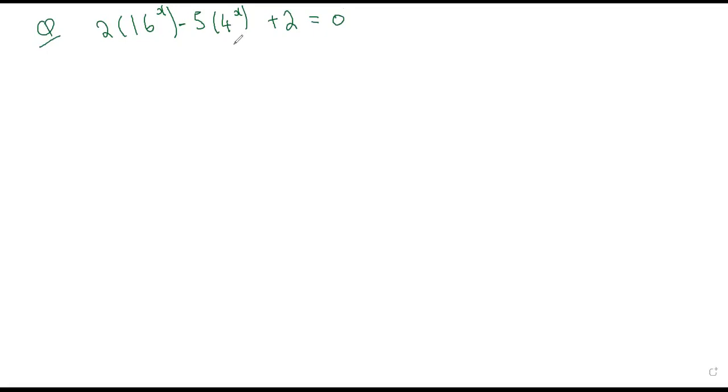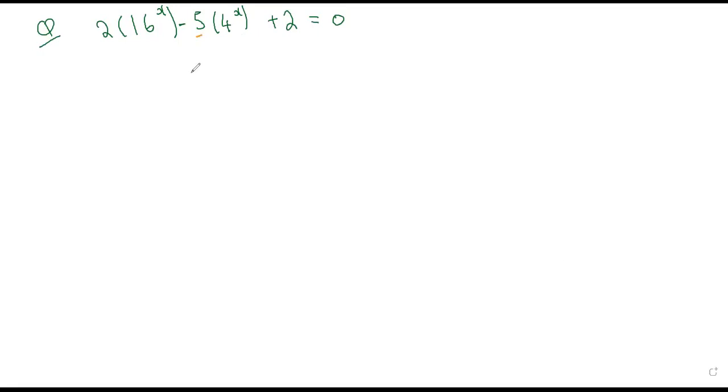But we cannot solve this directly. This is also an answer to Saneem's question, but this question is not exactly of that type. Here you need to find the value of x, but in this case you won't be using logs, and you cannot do it directly as well, because you have 5 here, so you cannot write 5 that way, okay?